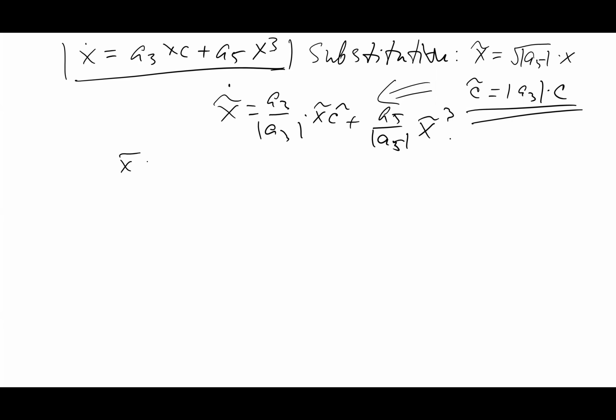Or after changing notations back to x and c without tilde, and noting that A3 divided by absolute value of A3 is plus or minus 1, and A5 divided by absolute value of A5 is also plus or minus 1, we will get x dot equals plus minus xc plus minus x cubed.